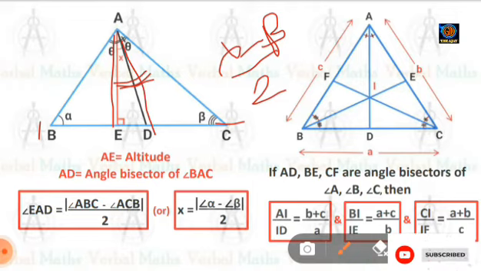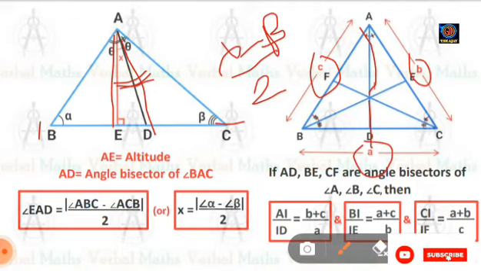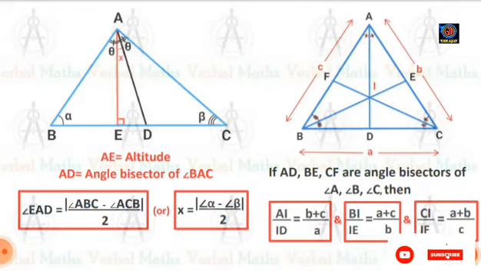And the ratio of the angle bisector segments: the ratio of AI to ID is equal to the sum of the adjacent sides, B plus C, by A, which is just opposite to that side. The same data are based on these results, you can see here.